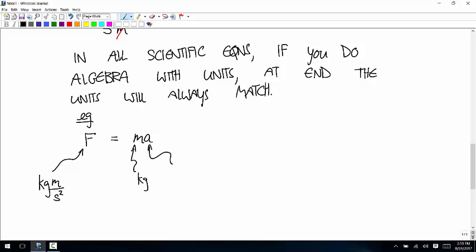In SI units, units of acceleration are meters per second squared. And so if you think of these as algebraic variables, since these two quantities are multiplied together, the units have to be kilograms times meters per second squared, and that matches this. Okay, and that holds for every equation in this class and every equation in any science class.